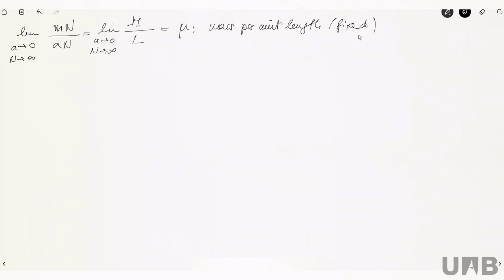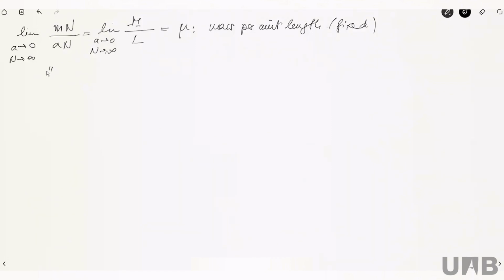This is fixed. So we already see that the natural parameter in this system is going to be not the mass of one particle, not the distance between one particle and the next, but the mass per unit length, for instance, okay?